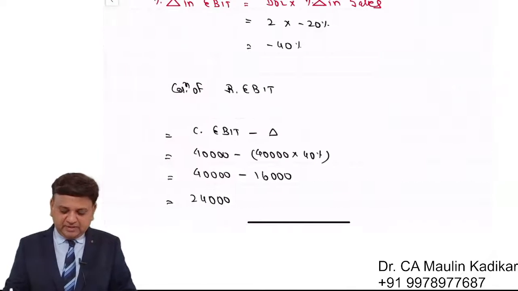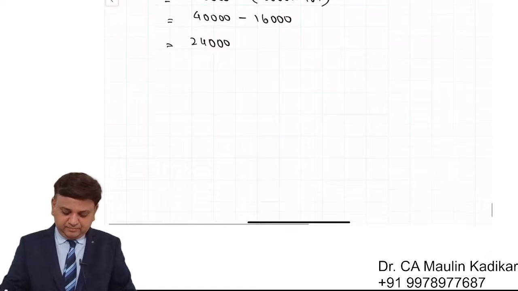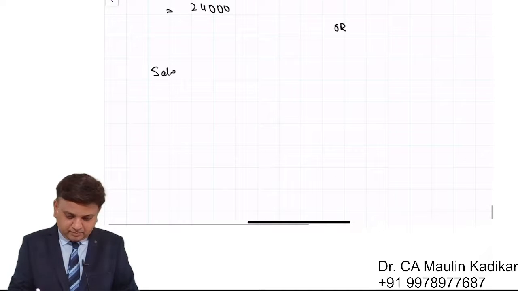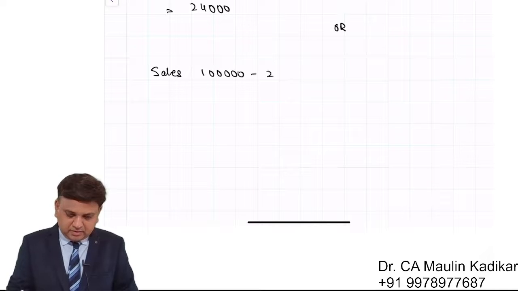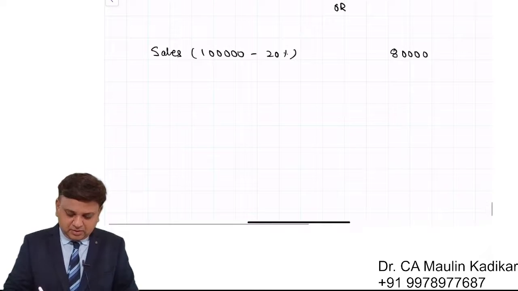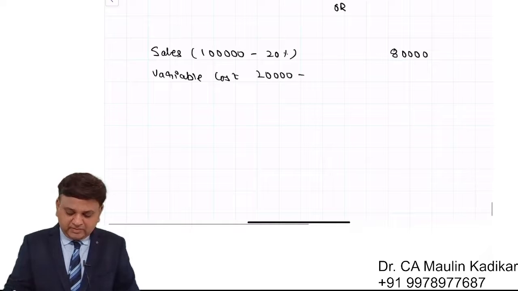Again, this answer can be calculated in a table method. Sales is 1 lakh minus 20%. That comes to 80,000. Variable cost 20,000 minus 20%.